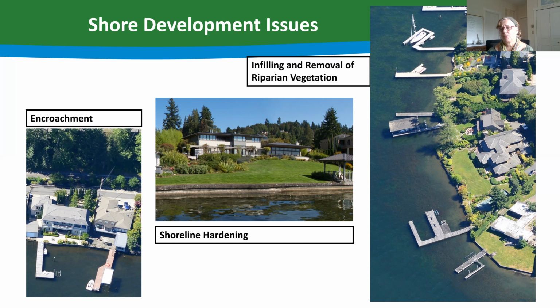And then probably one of the things that I see the most often is the infilling of that shore zone and removal of riparian vegetation. And so basically all these issues and examples decrease the functioning of healthy shore ecosystems.